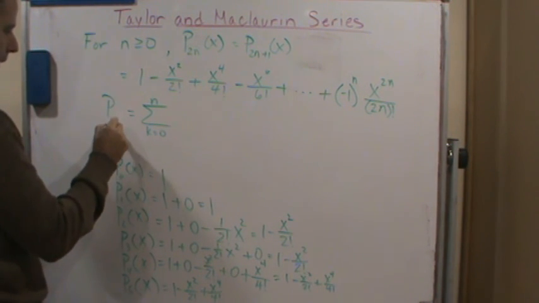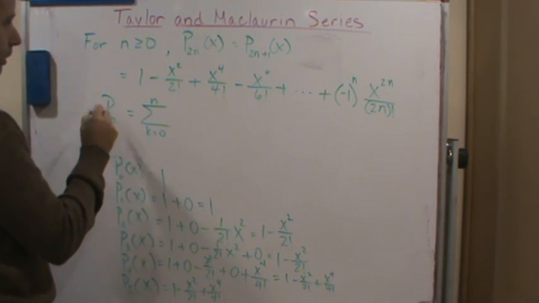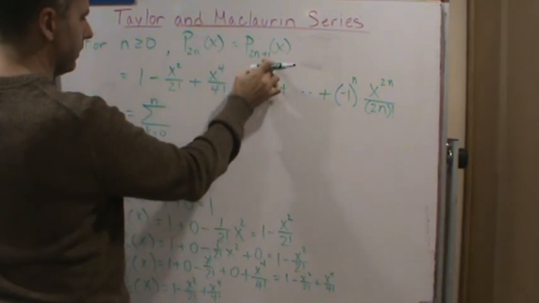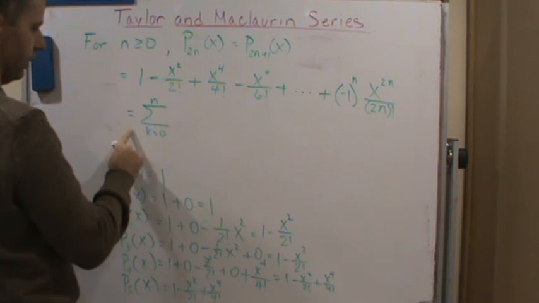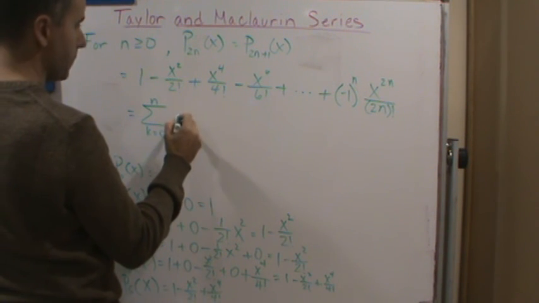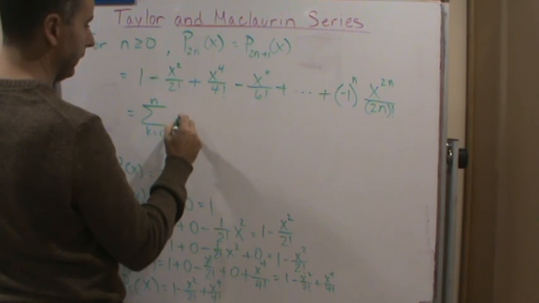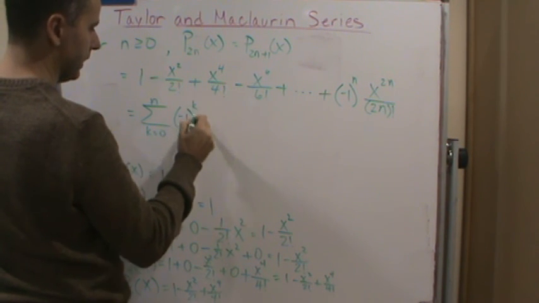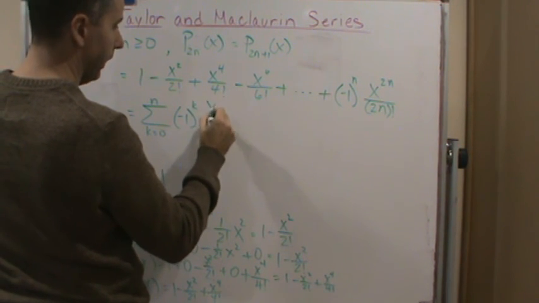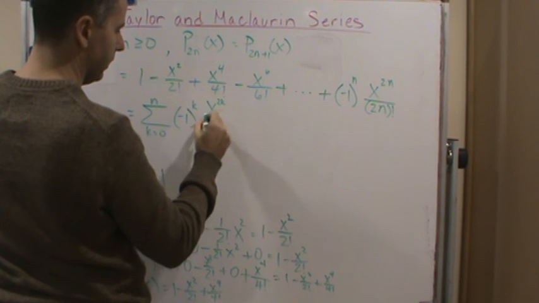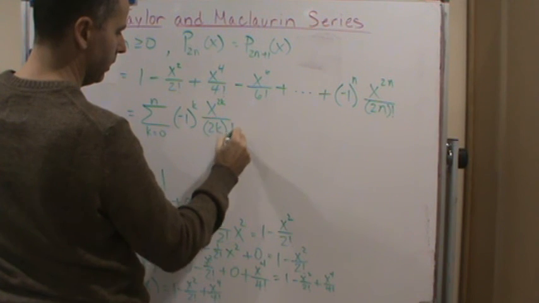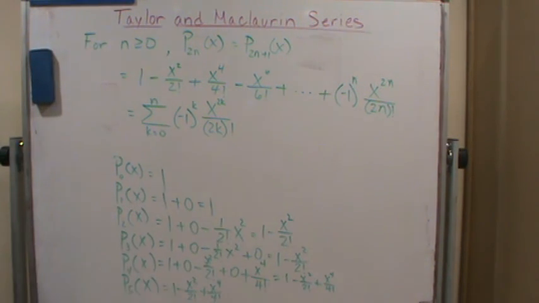So these two: this is equal to this, which is equal to this, which is equal to this. So that's going to be negative 1 to the k, x to the 2k divided by 2k quantity factorial. And that's the answer.